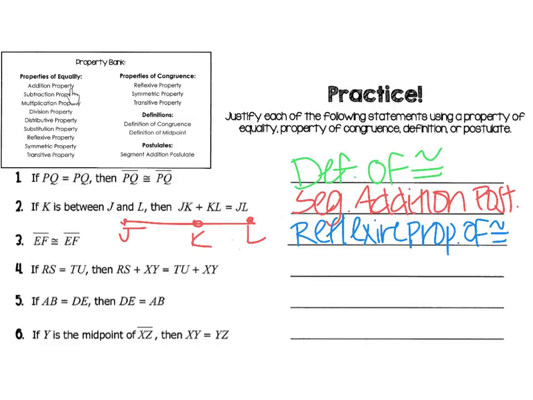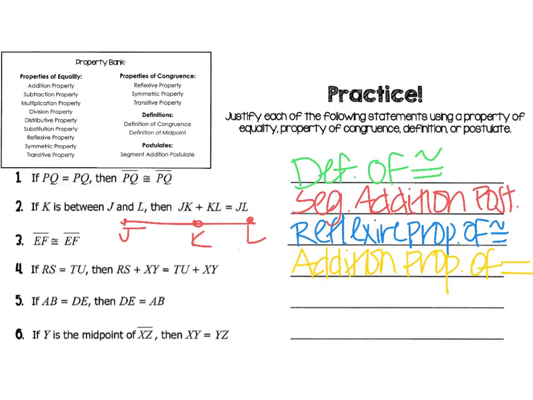So for that one, we can just say addition property. Let's write that down. Addition property. And don't forget the of equality, because it's on our properties of equality sign. It's not congruence because we're not using a congruent symbol in here. We've got an equal sign in there, so that's a property of equality.